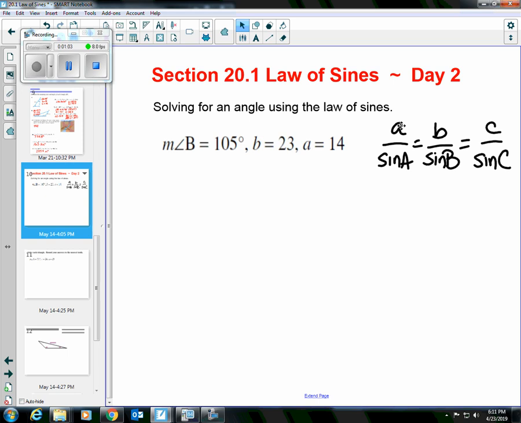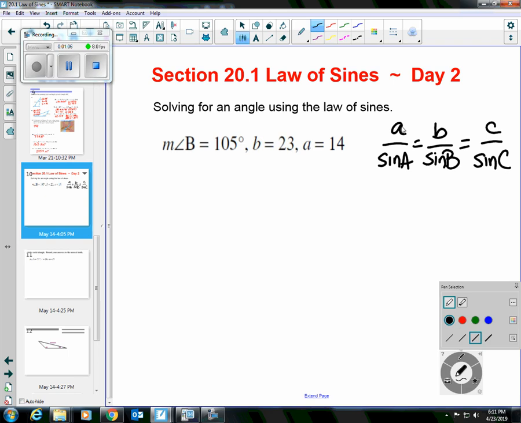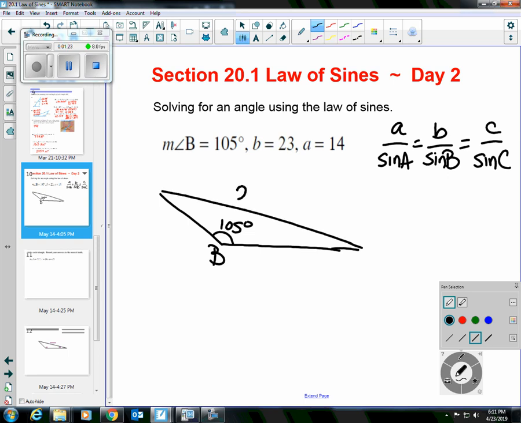So I'm going to go ahead and draw a rough sketch, just so we have an idea of what we're talking about for this picture. We have an angle B that's 105, so I'm going to try to make a little bit of an accurate sketch here. We'll draw the rest of that triangle. We know little b is 23. Remember how we label our triangles: the angle is always across from the side length that has the same letter, uppercase and lowercase.